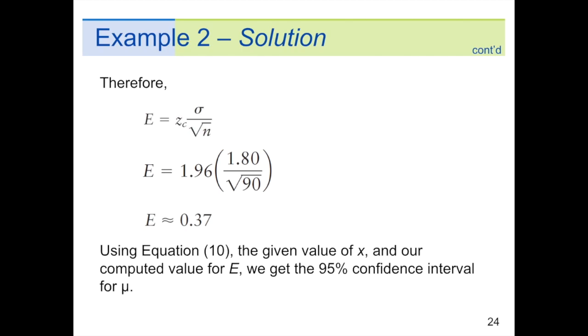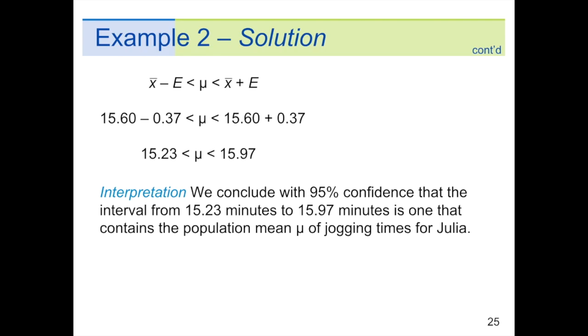Using equation 10, the given value of x bar, and our computed value for E, we get the 95% confidence interval for mu. x bar minus E is less than mu is less than x bar plus E. So mu is between 15.6 minus 0.37 and 15.6 plus 0.37.